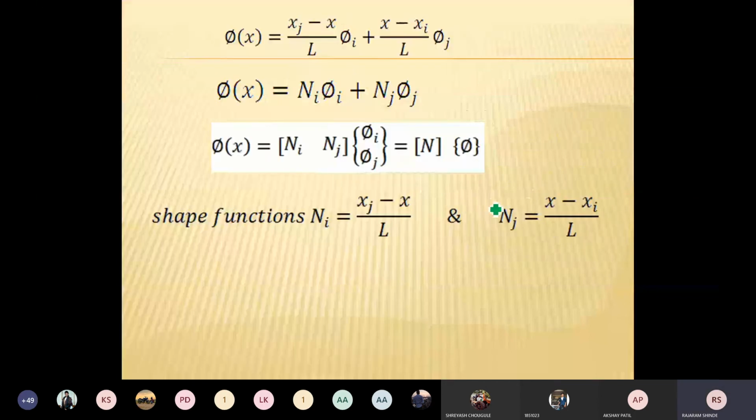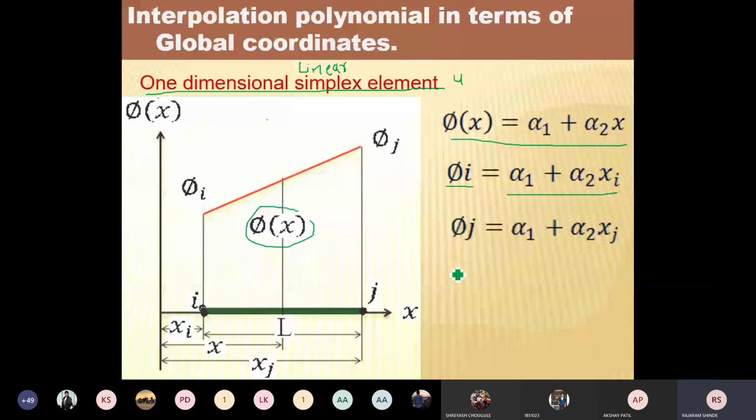The matrix of nodal values phi i and phi j equals the matrix 1 xi, 1 xj, multiplied by alpha 1, alpha 2.